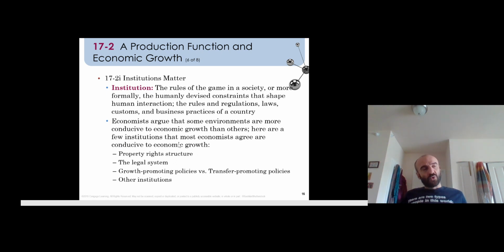There is one Peruvian economist, Hernando de Soto, who studied the causes of poverty in Latin American countries and some African countries.